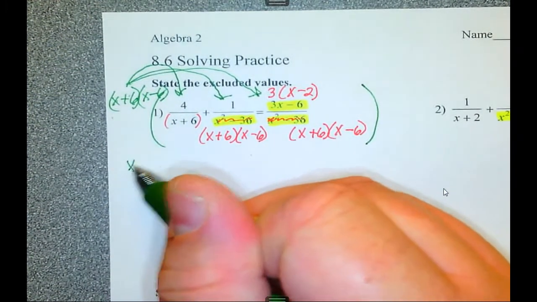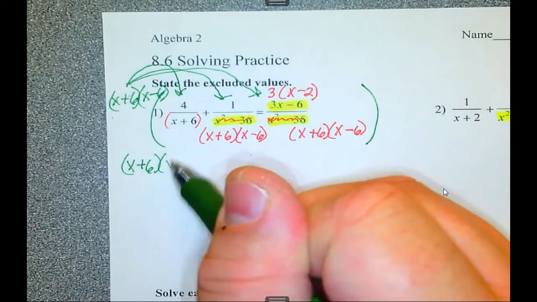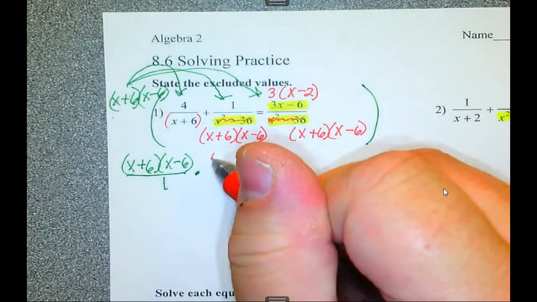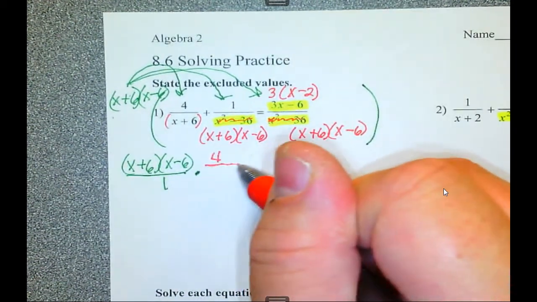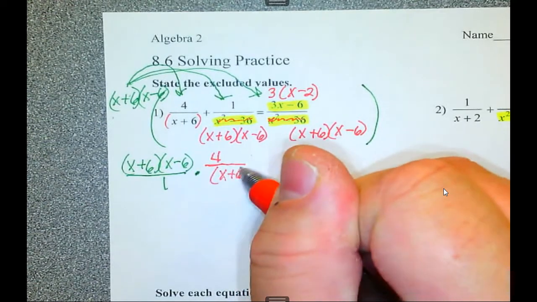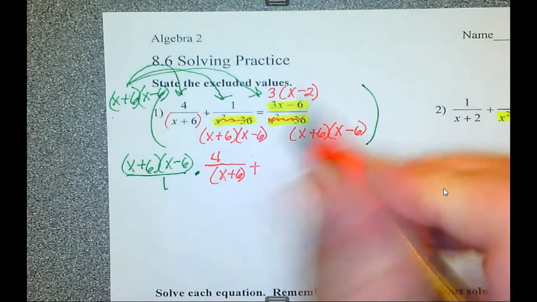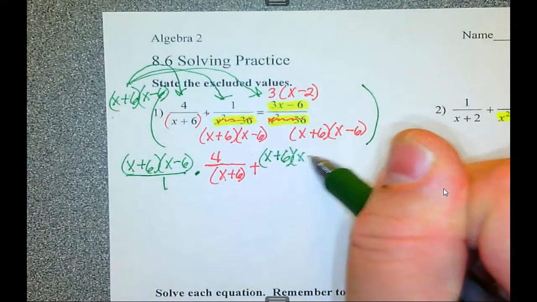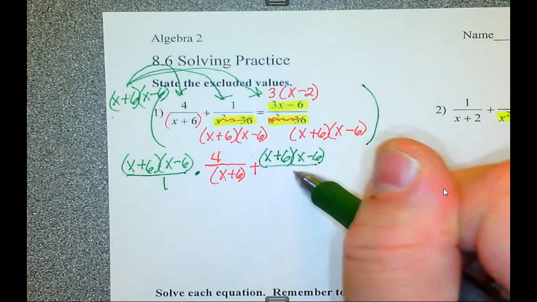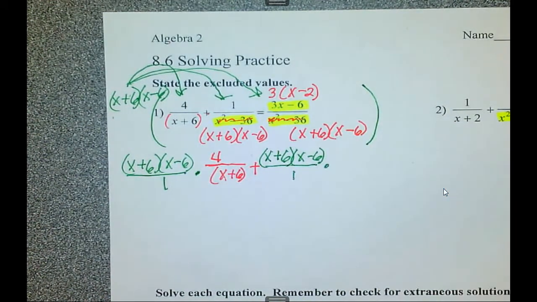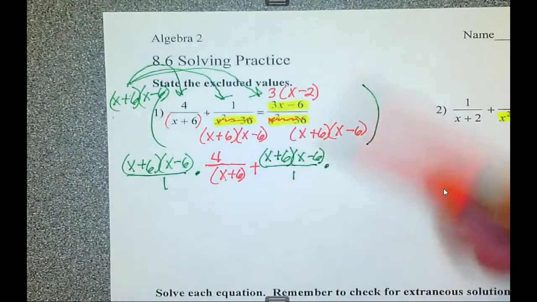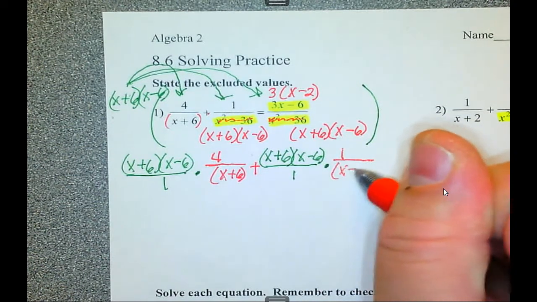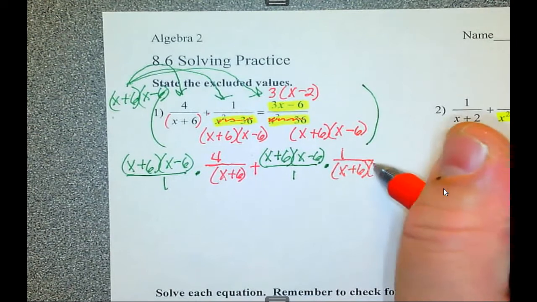So I have x plus 6, x minus 6 over 1 times my first term, 4 over x plus 6, plus, I'm going to take x plus 6, x minus 6, over 1, times my second term, which is 1 over x plus 6, x minus 6.